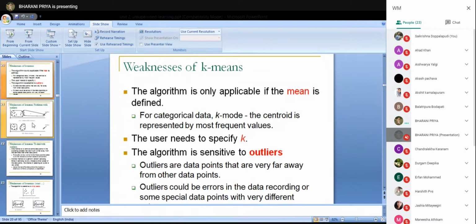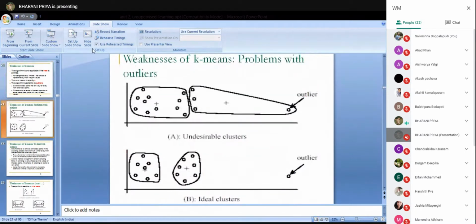If you see in this example, though this data point is within the cluster, it is far away from this data point. So I can consider it an outlier. As it is far away, I am restructuring my cluster, and now this point is out of the cluster.